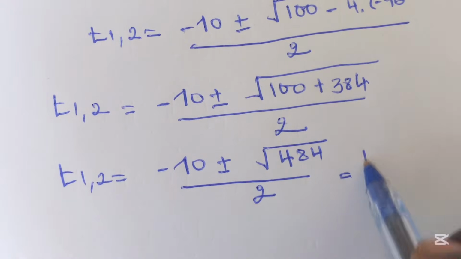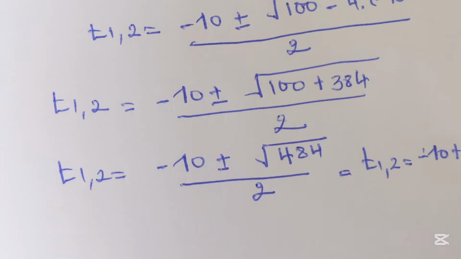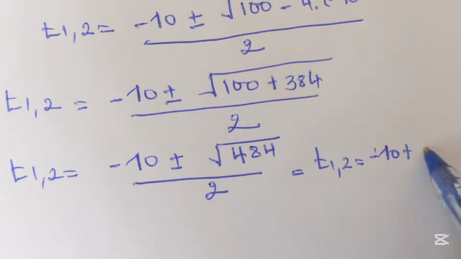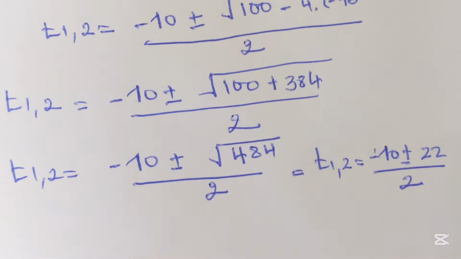So here t1 and t2 will be negative 10 plus or minus 22 over 2.